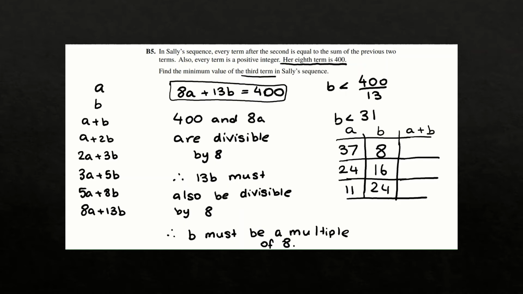This gives the corresponding values of A plus B. 37 plus 8 is 45. 24 plus 16 is 40. 11 plus 24 is 35. Out of all these values, 35 is the smallest. This means that the minimum value for the 3rd term in Sally's sequence is 35.